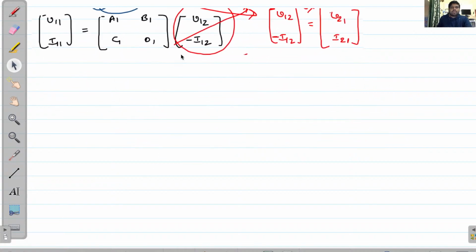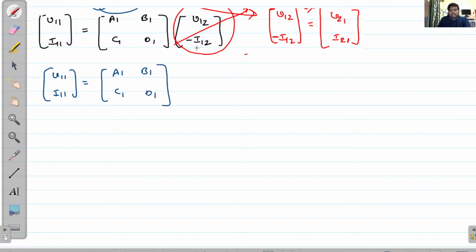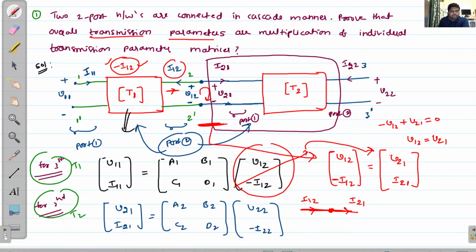Now you can substitute this value. So what you will get: V11 I11 equals A1 B1 C1 D1, and at this place of the matrix you can replace with this one. Now you get V21 I21, but already you know the V21 I21 value.